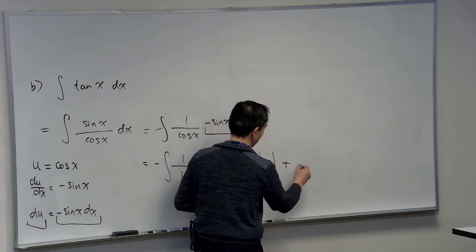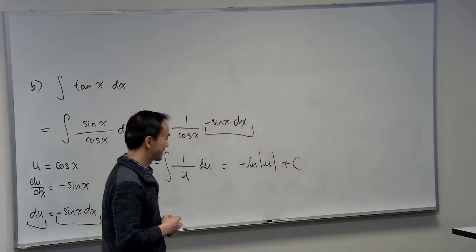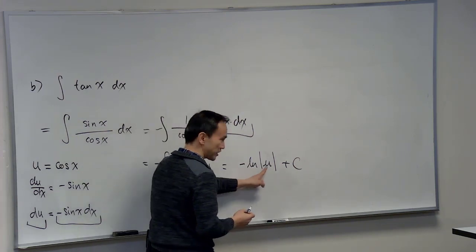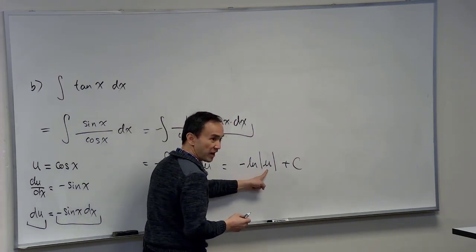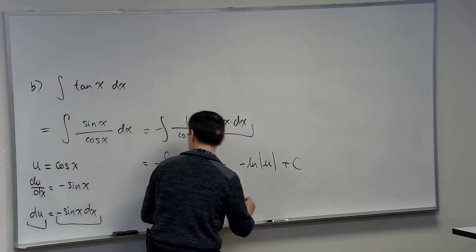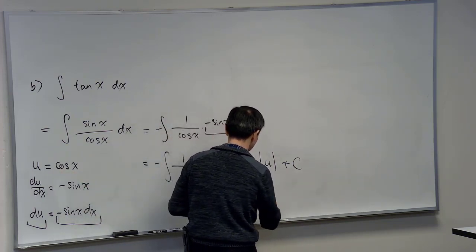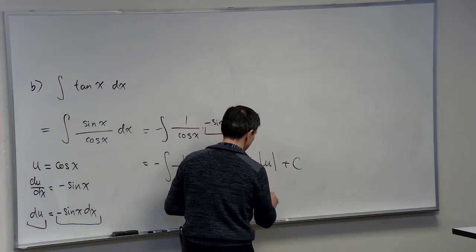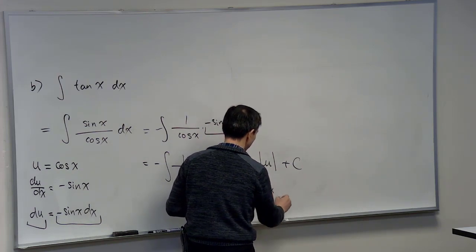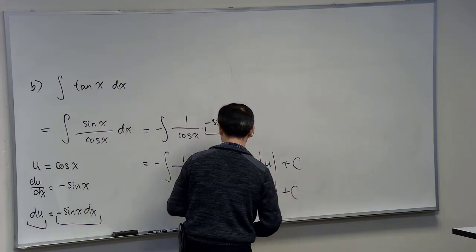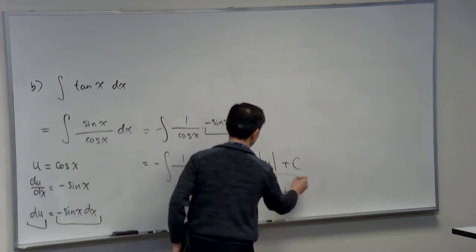But we definitely don't want to stay with the variable u as a final variable, so we bring back our substitution. So it's minus natural log of cosine of x. So that's your final answer right here.